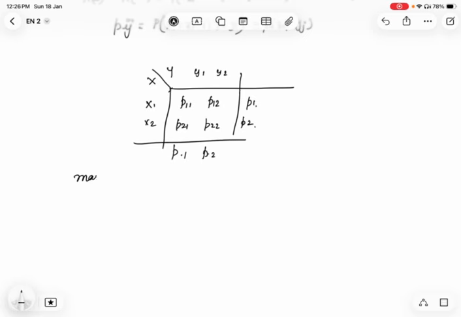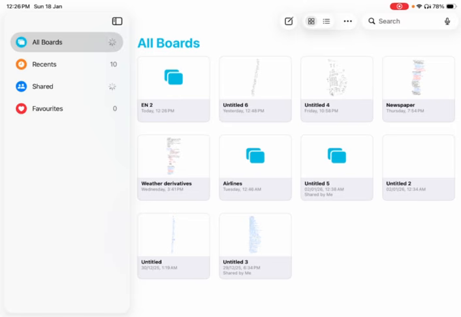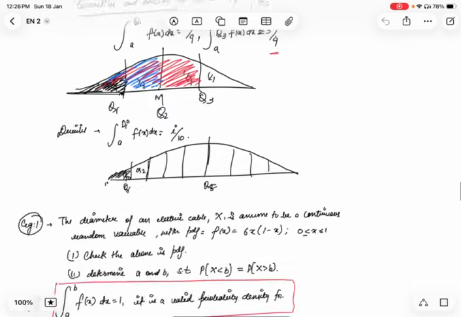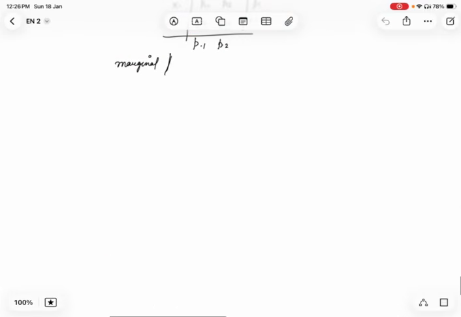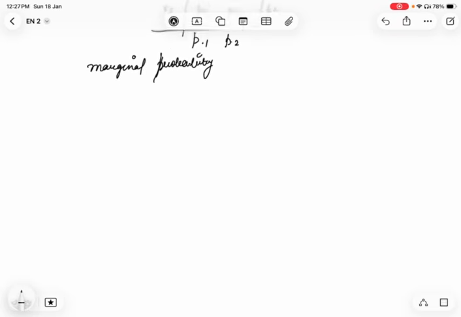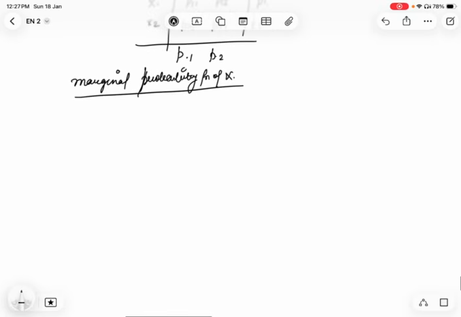The marginal probability function of x. How will you write it? See, what is the marginal probability? I will just explain with the help of a table, and you will understand better.